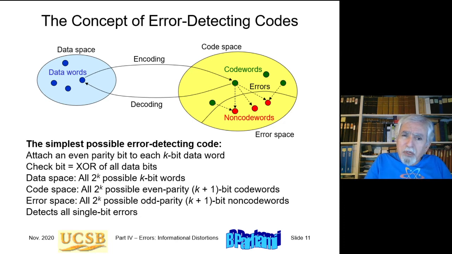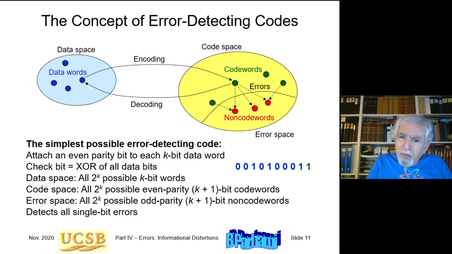Okay, the simplest possible error detecting code is the parity check code. You've probably been exposed to this many times before. If I have a data word, the blue bits, I attach a parity check bit to it in order to make the overall parity even. In this example, I'm opting for even parity. I could do odd parity too.